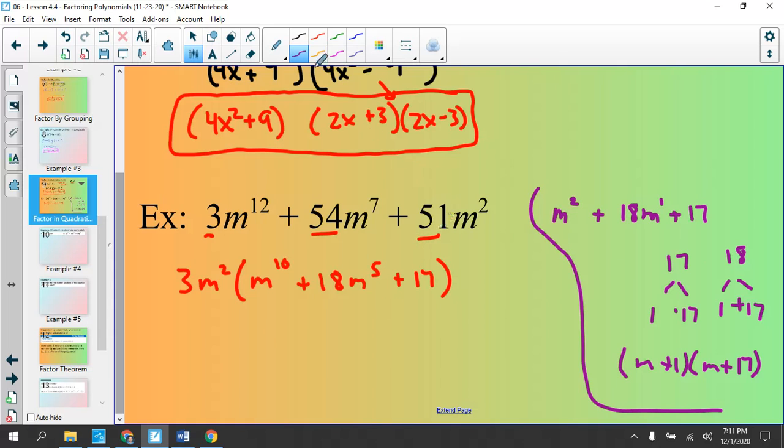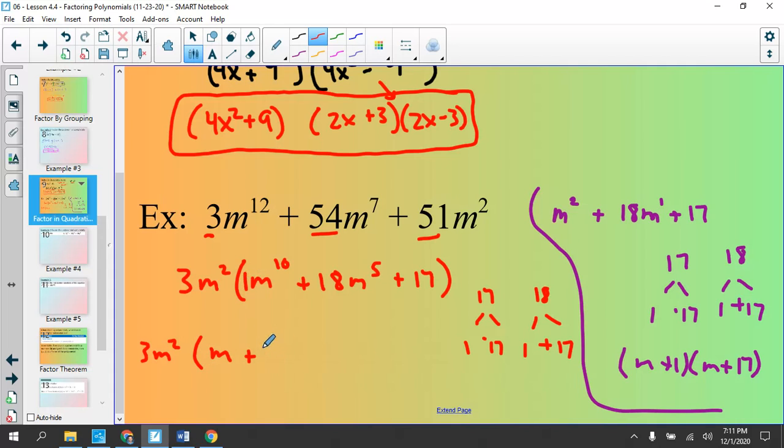I need two numbers that multiply to 17 that add up to 18. We already know the numbers, 1 and 17. So when I go to almost finish this, I'm going to say m plus 1, m plus 17.